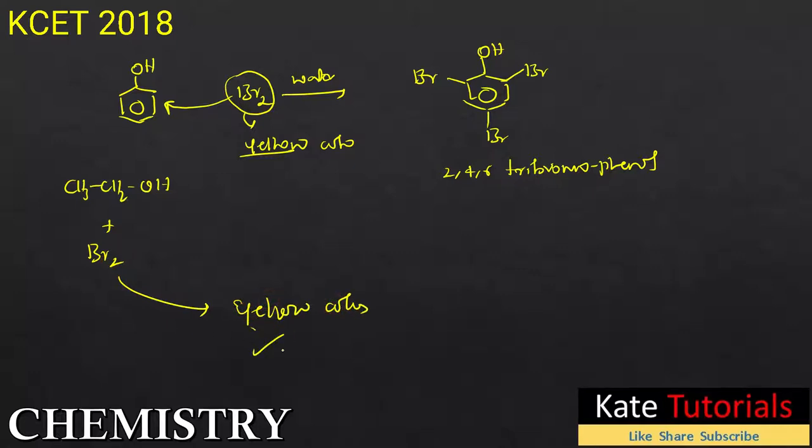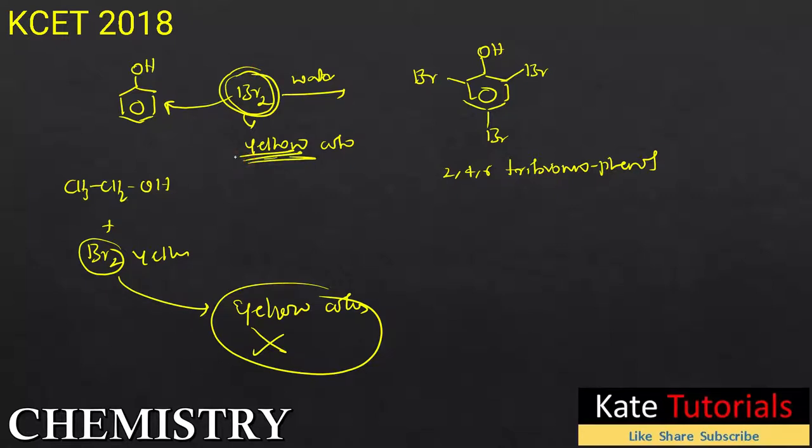It means the reaction doesn't happen. Bromine is yellow, and after we put both the things, it is still yellow. It means that the reaction doesn't happen. So this is how we can distinguish. Bromine water is yellow initially; when it reacts with phenol, it becomes a different color, or it might be colorless. We have to check whether it is colored or colorless, but the color will definitely change.